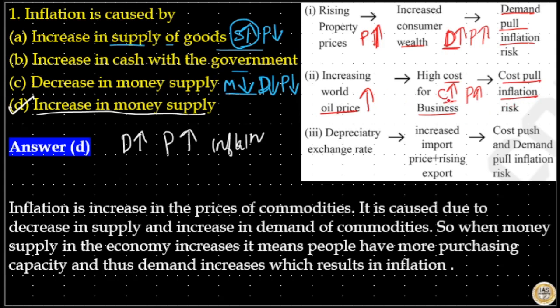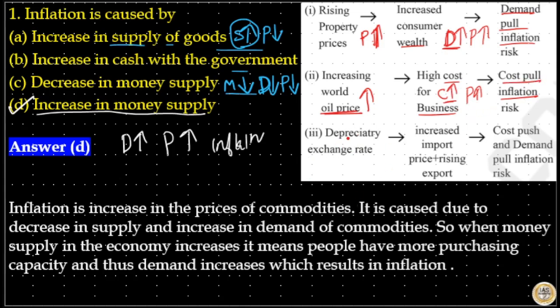Why does cost of production increase? When oil price increases, transportation cost will be higher. For all purposes business firms need transportation, so cost of production will be higher. That's why price increases and it will cause cost push inflation.